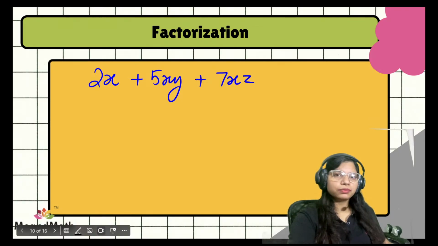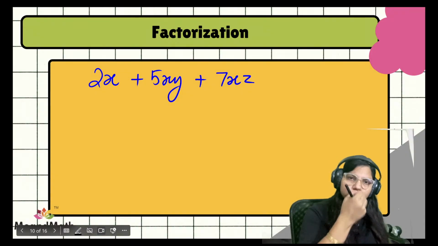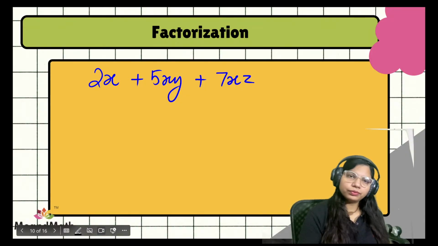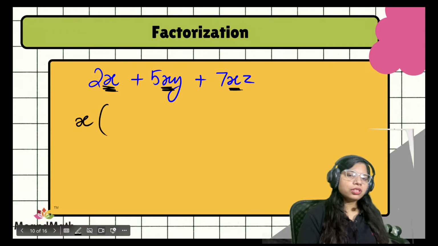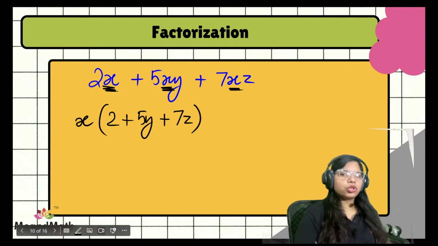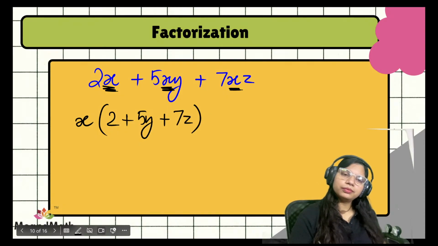Can you see anything common in all the terms? You have x here, x here and x here. So we have x common. The first term has only 2 left, the second term has 5y left, and the third term has 7z left. And that is what your answer is.